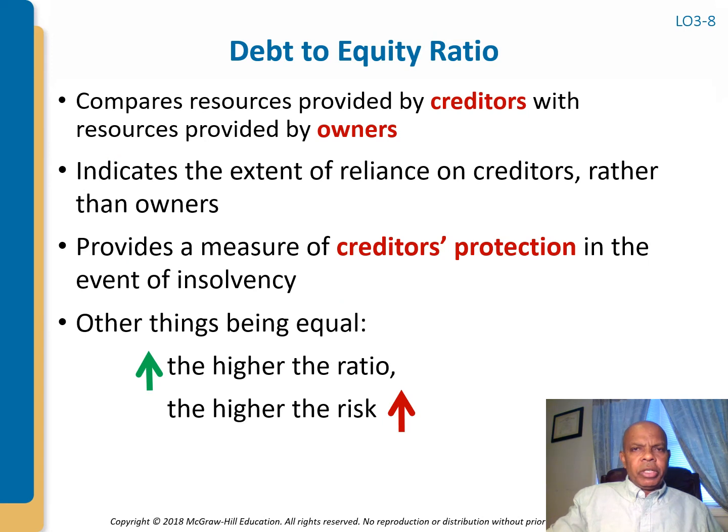Debt to equity ratio compares resources provided by creditors with the resources provided by owners. It indicates the extent of reliance on creditors rather than owners. What does that mean? Instead of you putting money into your business as capital, you borrow money. You rely on the creditors. If you have too much debt, what's going to happen? You've got to keep paying interest.